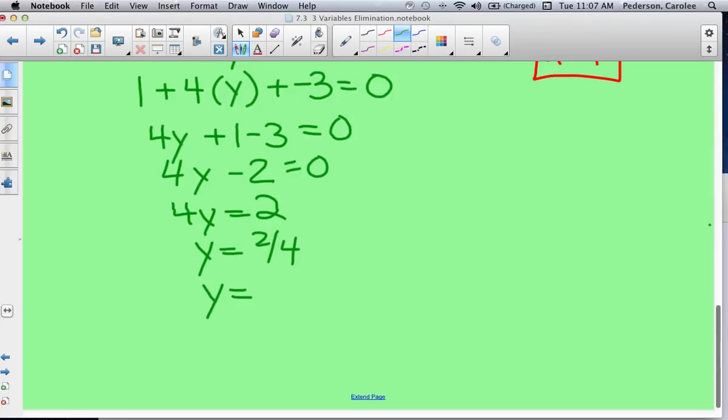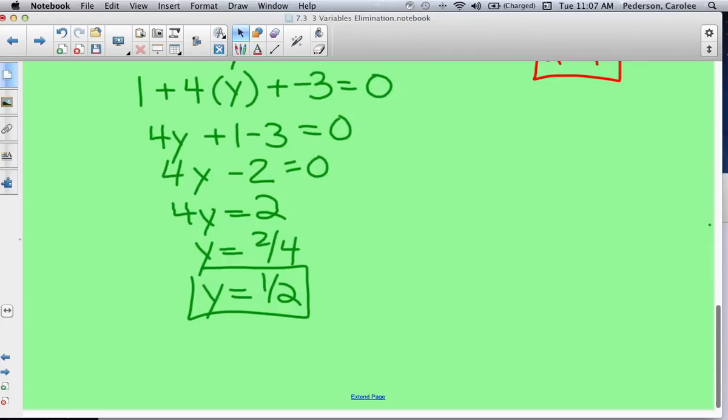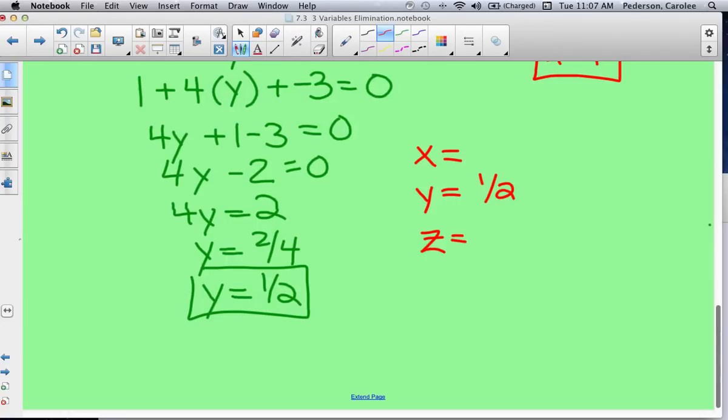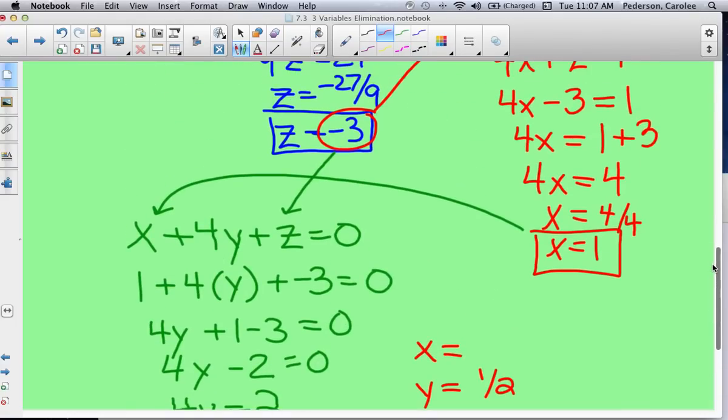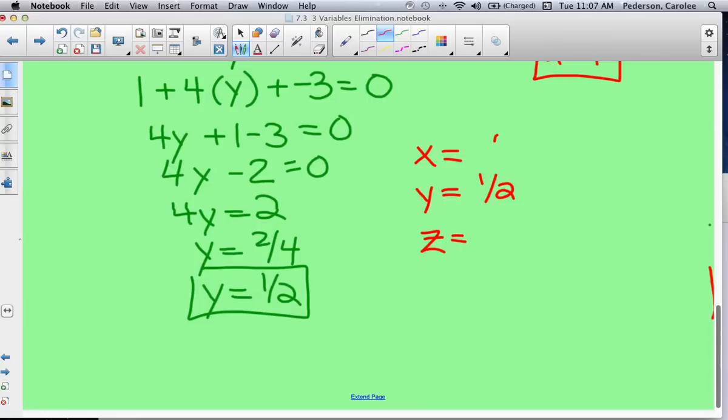So y equals 1/2. So then our final answer: x equals, y equals, z equals. y is 1/2, we just found it. Back up here, x was 1, and z is negative 3.